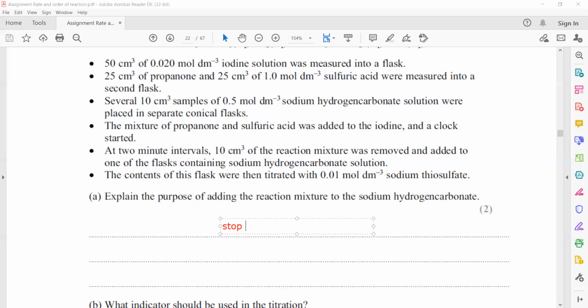Stop reaction, slow down reaction, or quench reaction, or neutralize the acid. That's one thing. And then, so acid does not react with thiosulfate, or because the original reactant is propanol, so it will not react with propanol as well.